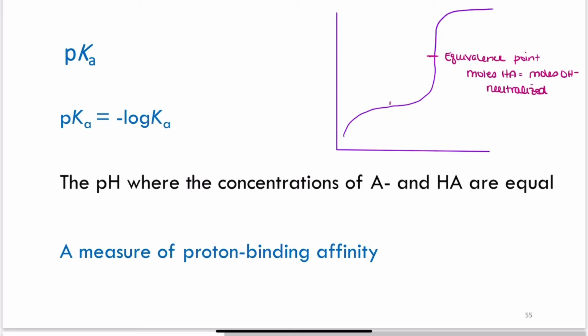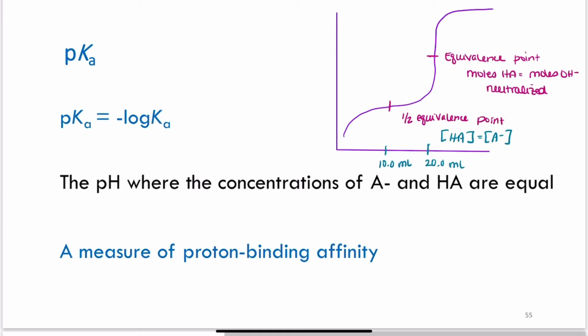But halfway to that point is our half equivalence point. And we mean halfway. If your equivalence point was at 20 milliliters, your half equivalence point would be at 10 mL. At that half equivalence point, the concentration of HA is equal to the concentration of A- in solution. Why?